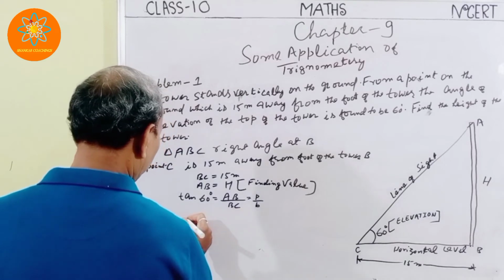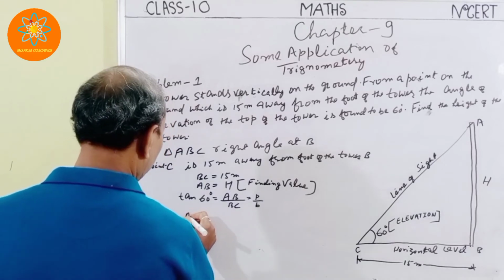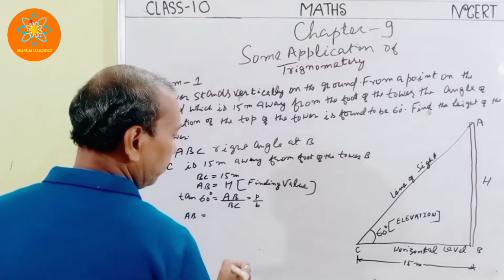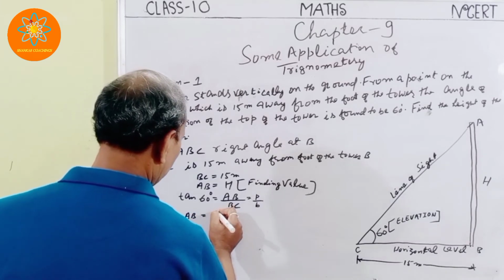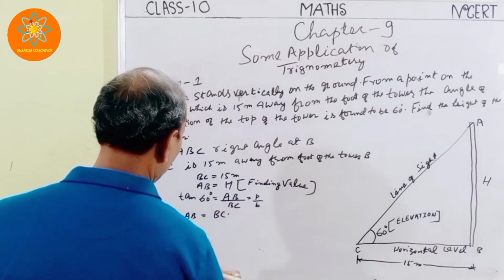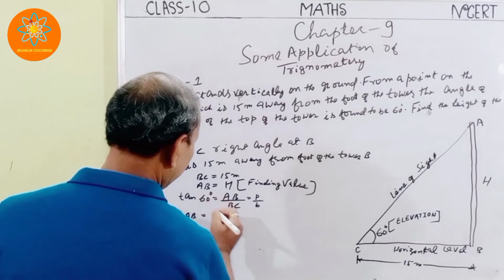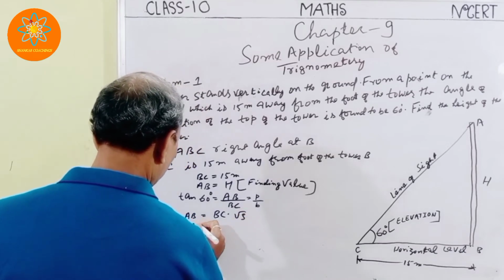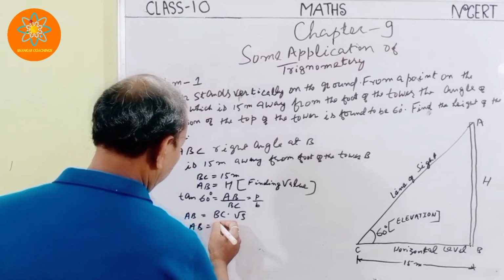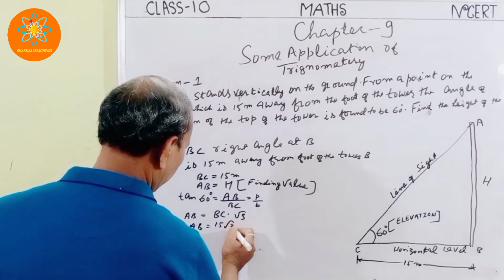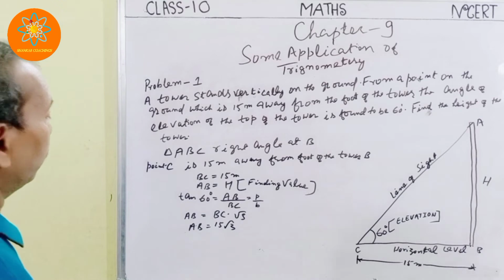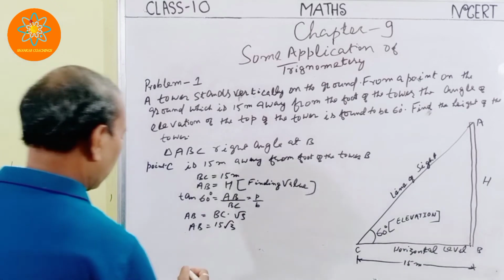So AB is equal to BC into tan 60 degree. That is how much? Root 3. So AB is equal to 15 root 3.